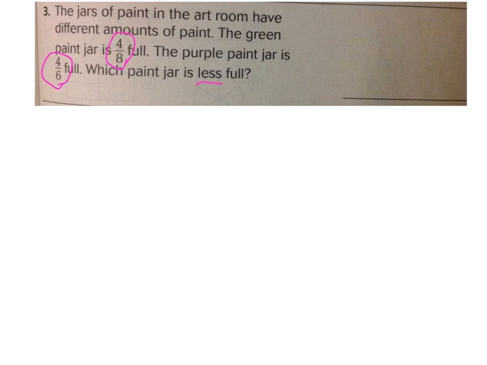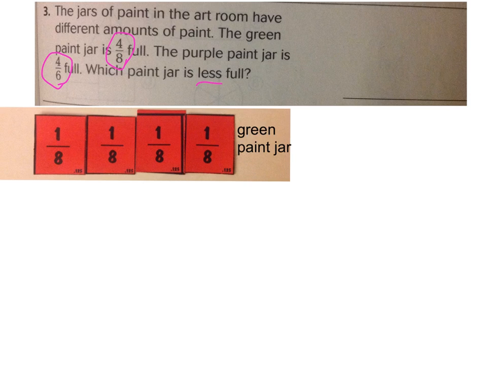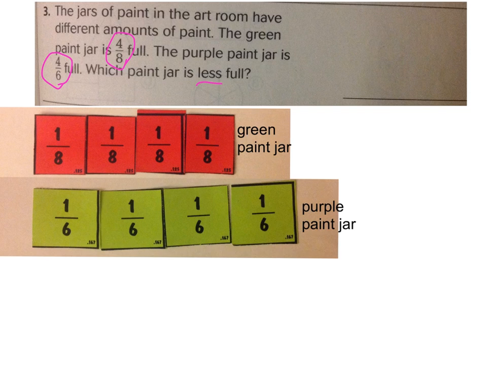Notice that the denominators on these two fractions are not the same. I have 1, 2, 3, 4/8 to represent the green paint jar, and I have 1, 2, 3, 4/6 to represent the purple paint jar.